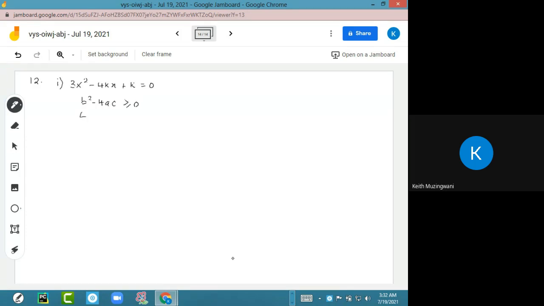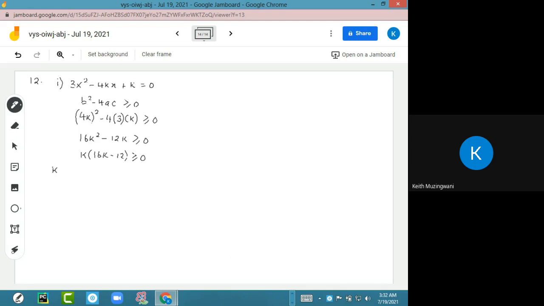But b is 4k, squared, minus 4, a is 3, c is k. This must be greater or equal to 0. So we get 16k squared minus 12k greater or equal to 0. Factor out k, we remain with k times 16k minus 12 greater or equal to 0.